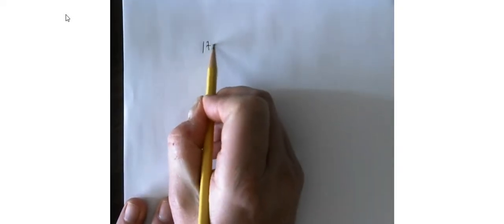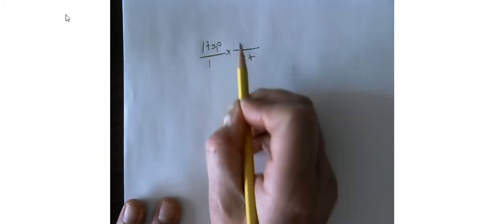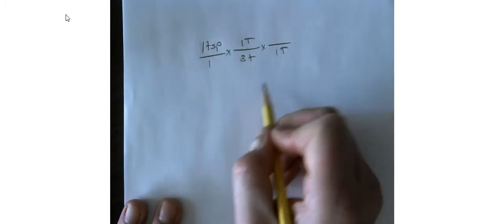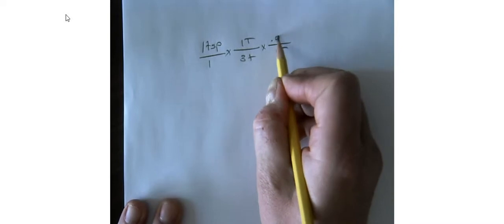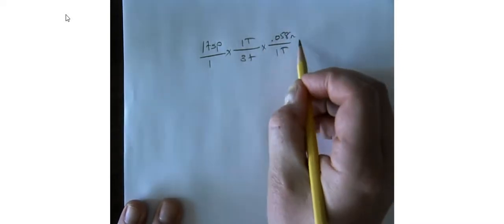So again, I'm looking for 1 teaspoon. And I know that there are 3 teaspoons in 1 tablespoon. And I know that 1 tablespoon is 0.058 ounces.